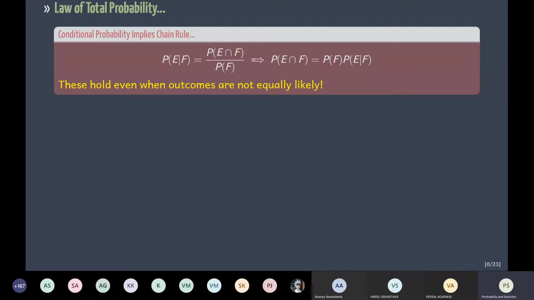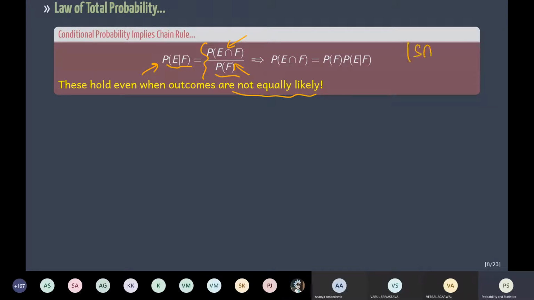A more general way to define conditional probability, like I already told in the beginning, is that the probability of E given F is the ratio of the probability of E intersection F divided by the probability of F. This general case does not assume equally likely outcomes. Someone gives me this, and then I take the ratio and done.